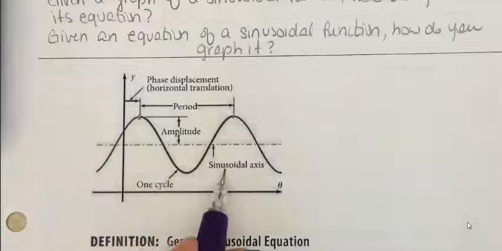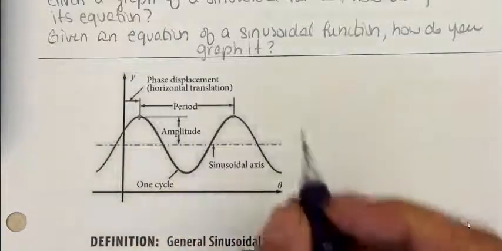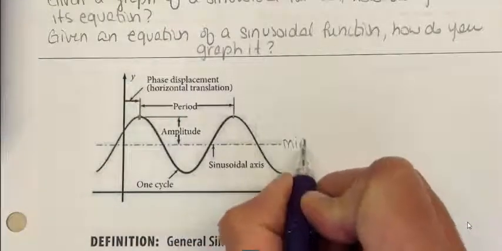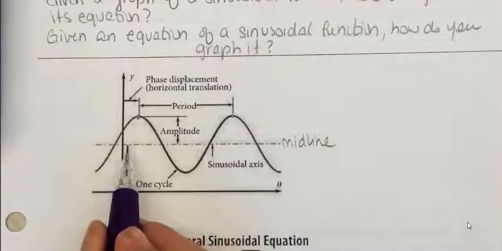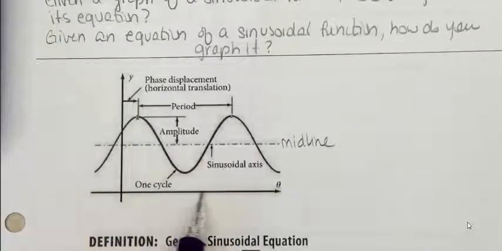The sinusoidal axis, I actually call it the midline. So that's this dotted line here. And basically, it is a transformation. Normally in the sine and cosine functions that we've explored, you've been around the x-axis, right?